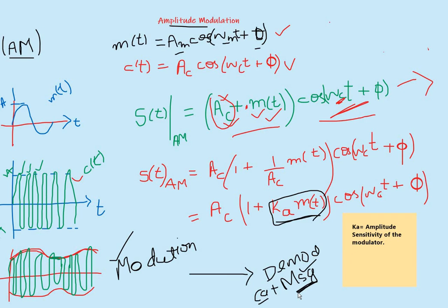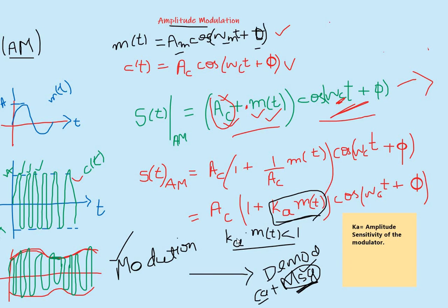So for proper recovery of this message signal, it is very important that this Ka into m(t) is less than 1. It is very important for proper recovery of our message signal at the demodulator.